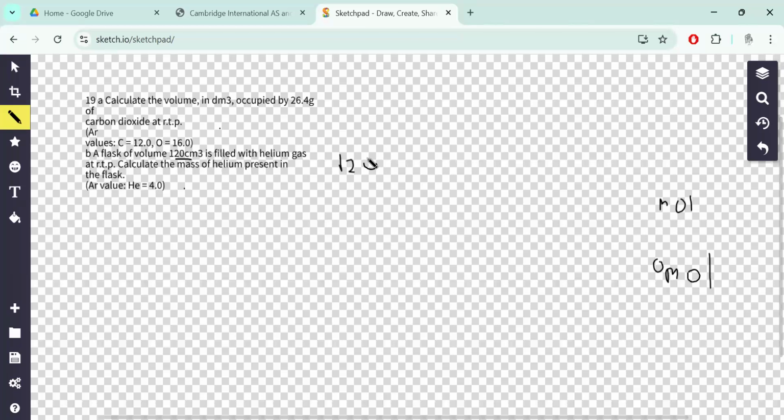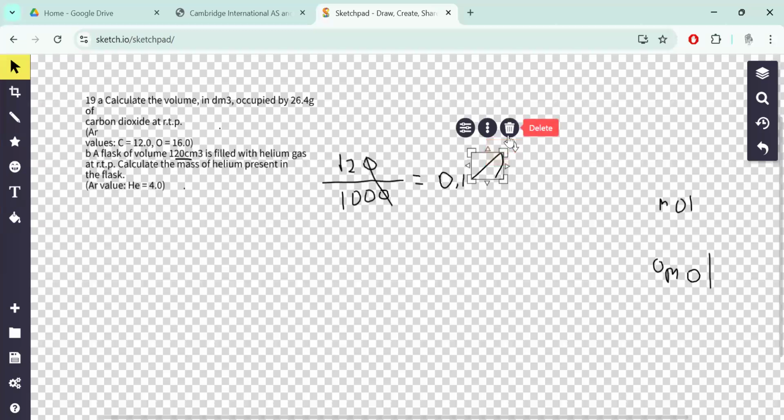We're going to convert the unit first. So that will be 0.120 decimeter cube. This is the volume of helium.